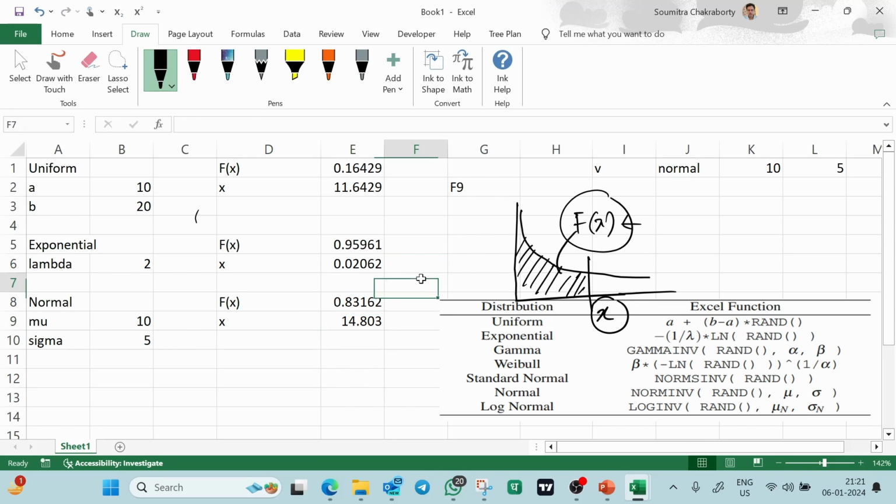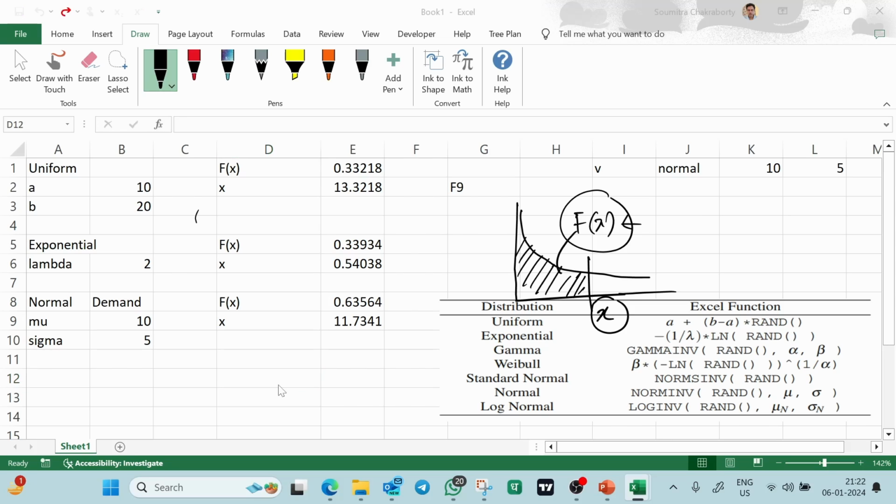Now another important thing, it may happen sometimes that you are getting x values in decimal places. It is very natural, because you are getting a random number in multiple decimal places, and accordingly x values are also coming in decimal places. But suppose this variable is your demand. Can you get demand in decimal places?